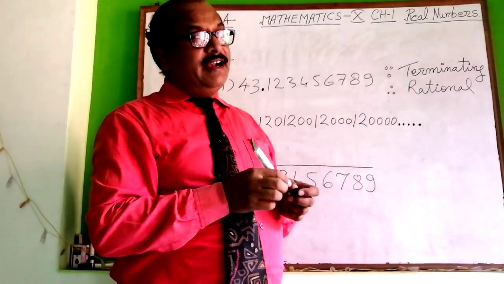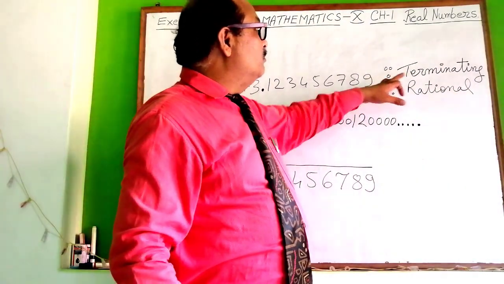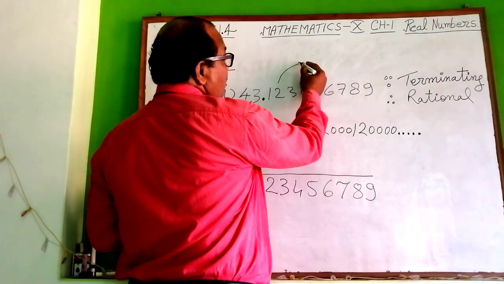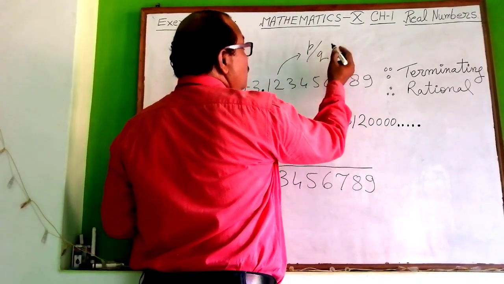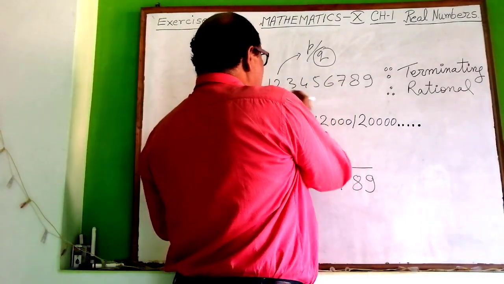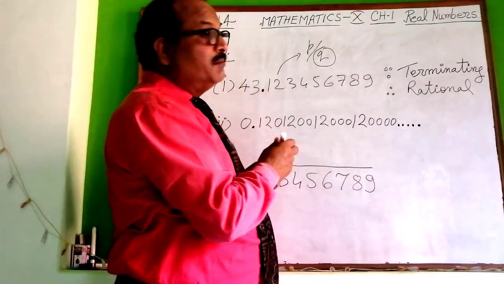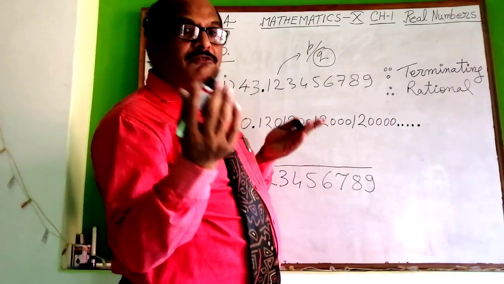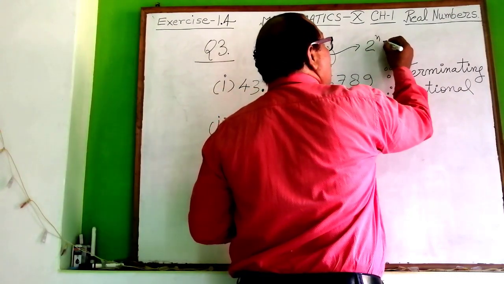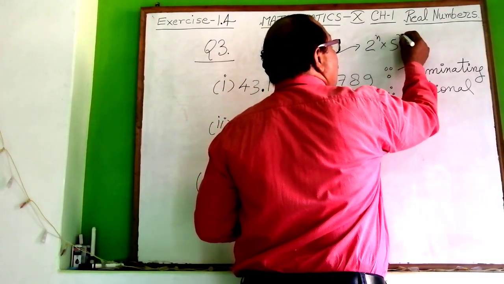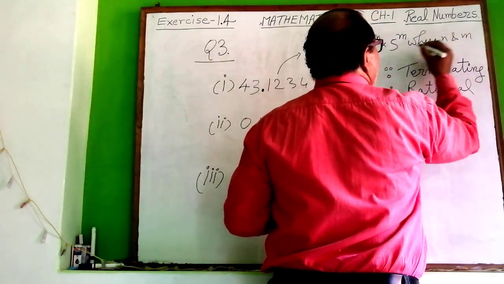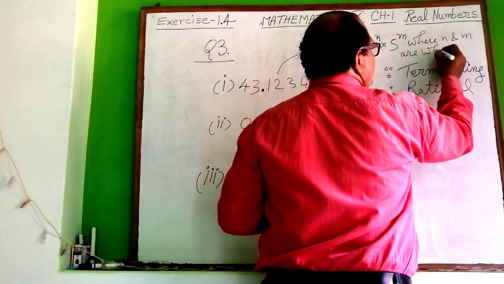One more question is added here: if you write this number in the form p upon q, say something about the prime factors of q. Since this number is a terminating decimal, its prime factorization will be of the form 2 to the power n into 5 to the power m, where n and m are whole numbers.